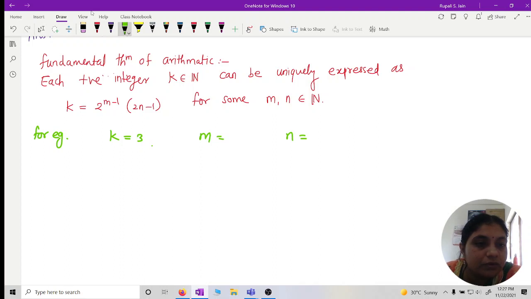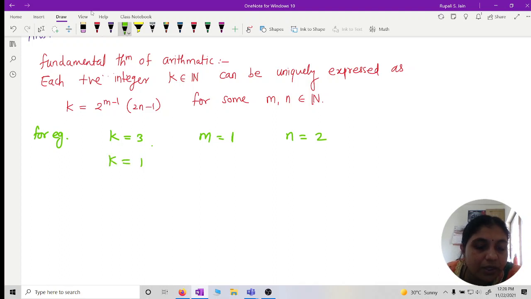M will be 0 and n will be 2. 0 कसं येईल? 2 to the power 0. 1. M is equal to 1 na? M is equal to 1 if I take, right? M is equal to 1 ला हे 1 होईल आणि 2n minus 1, 2 times 2, 4 minus 1 will be 3. Is that okay? This m is equal to 1, n is equal to 2.